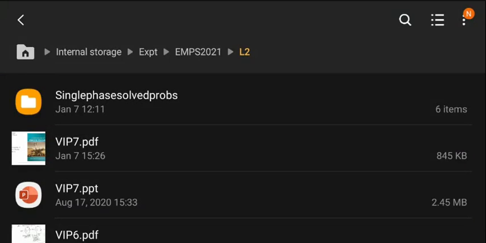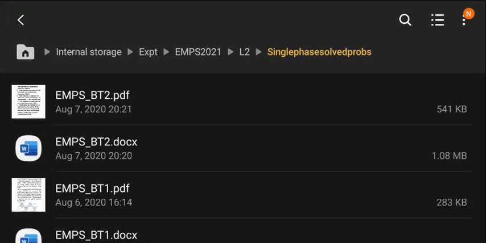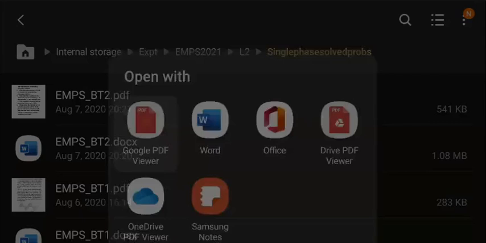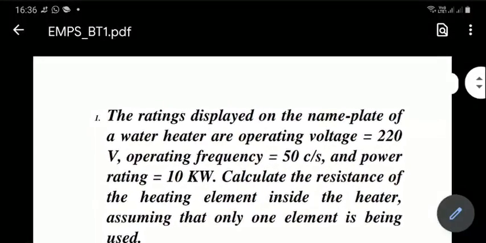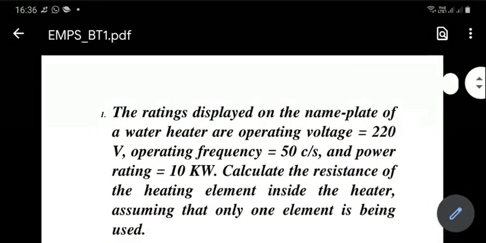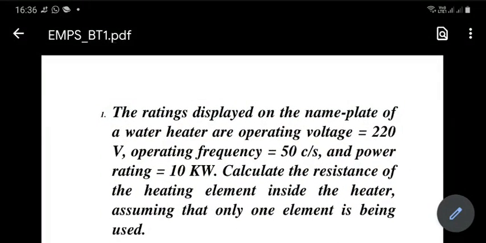Now let's look at some solved problems, simple ones again. Read this carefully. The ratings displayed on the nameplate of a water heater are operating voltage equal to 220 volt, operating frequency equal to 50 cycles per second, and power rating equal to 10 kilowatt.